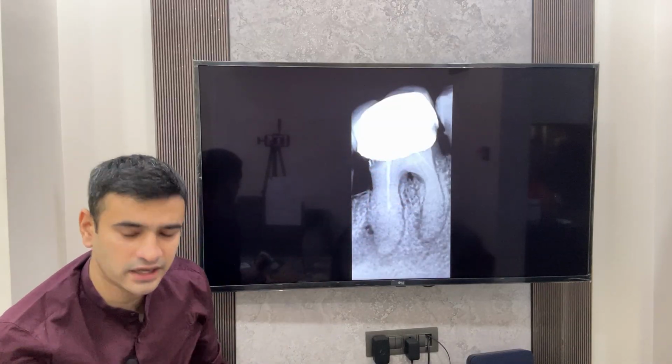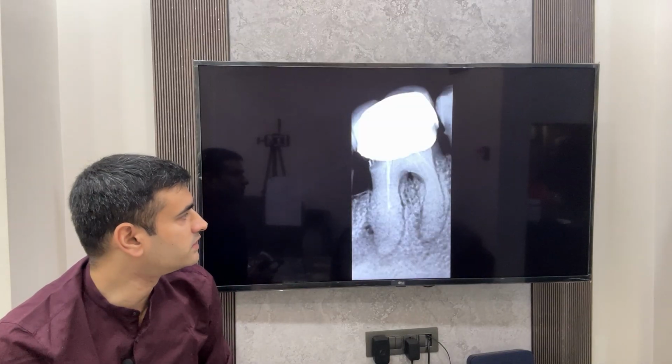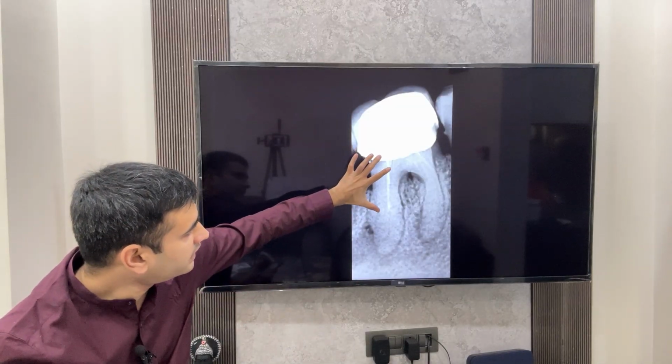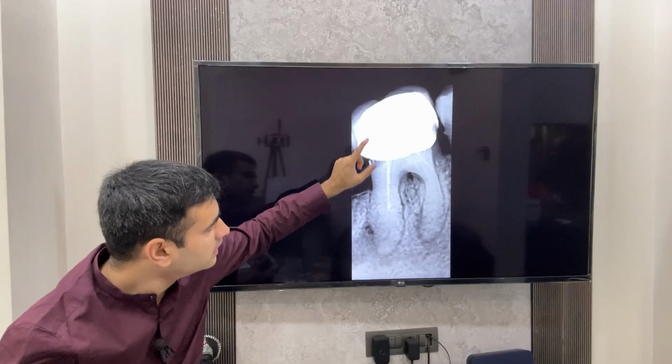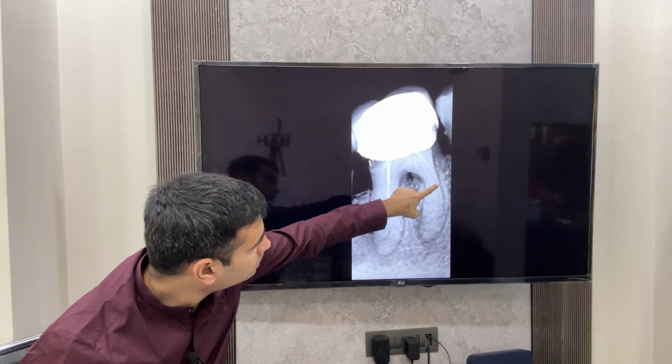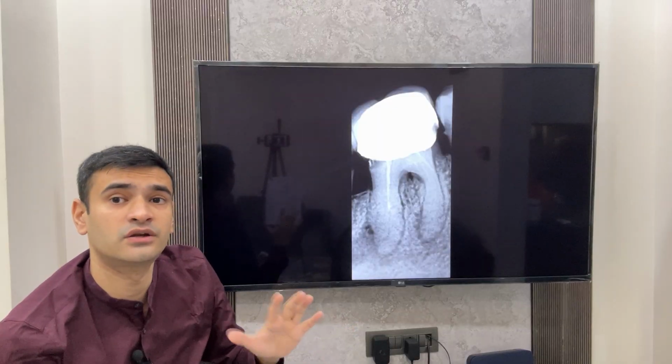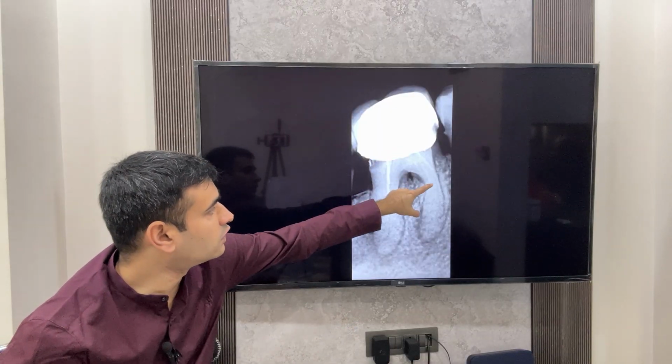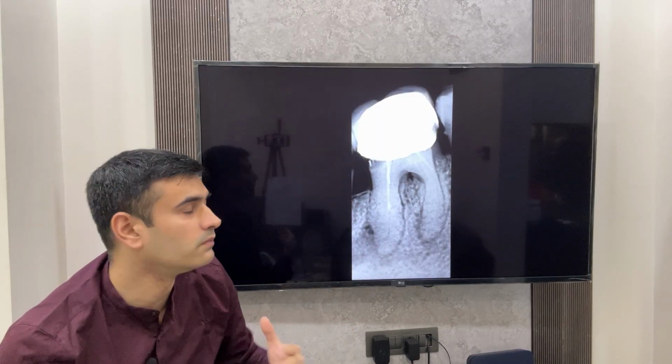Another piece of information you can get from this: if the dentist has not gone till the full length, just look at this. The dentist tried to go till here and then stopped. What that could mean is that it will complicate the treatment further. How?